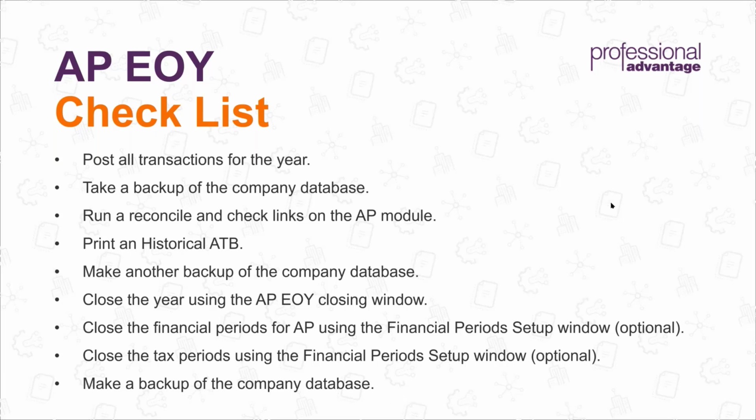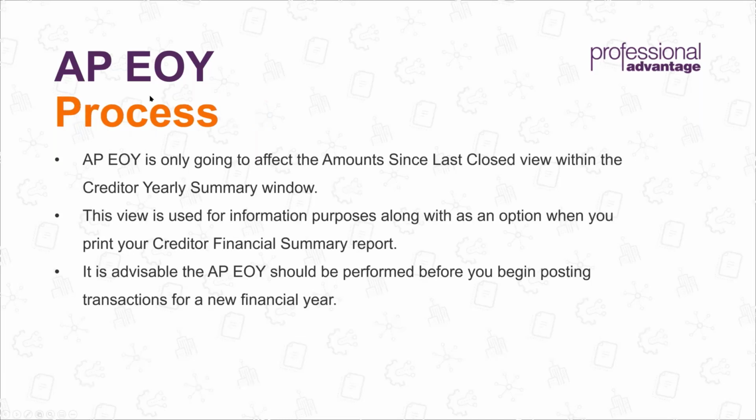So let's have a look at what actually happens as part of the AP year-end process. The AP year-end process is only going to affect the amounts since last closed view within the creditor yearly summary window, which is the window I showed you before.